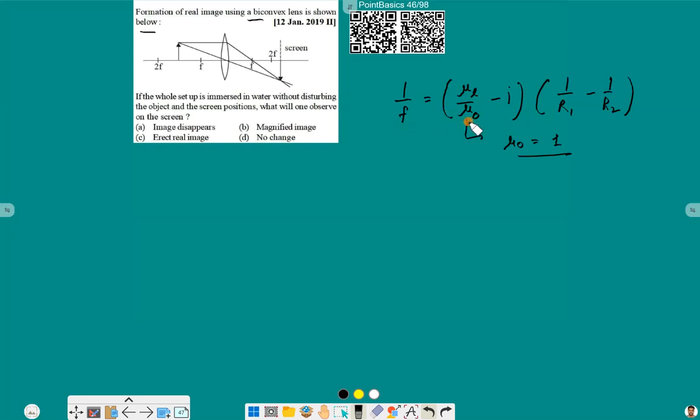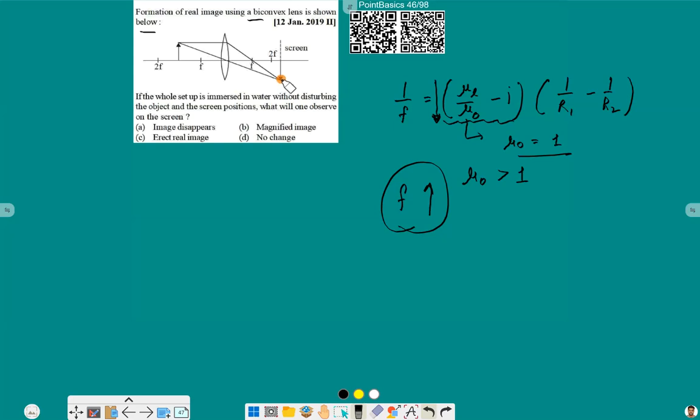Now, what happens when we immerse this whole setup inside some liquid? Then mu o becomes greater than 1, because for any medium, refractive index is always greater than 1. So this term decreases, and if this term decreases, then the focal length will increase.